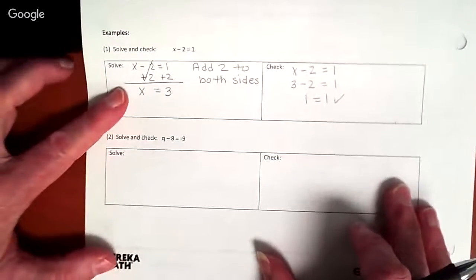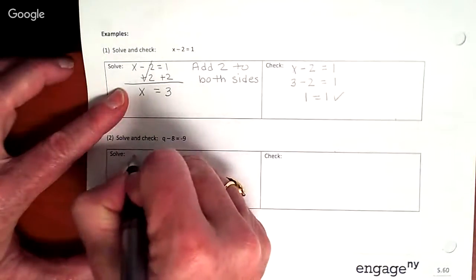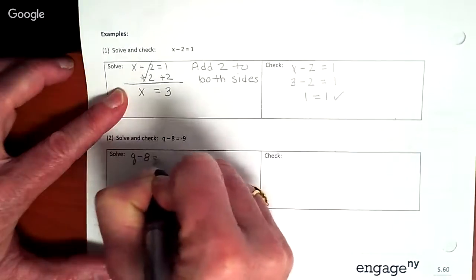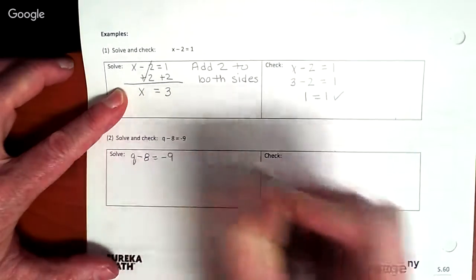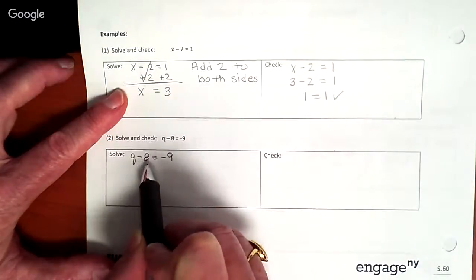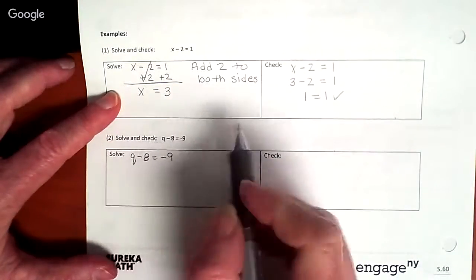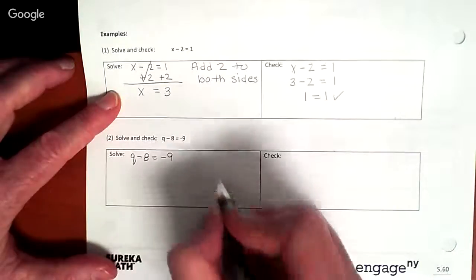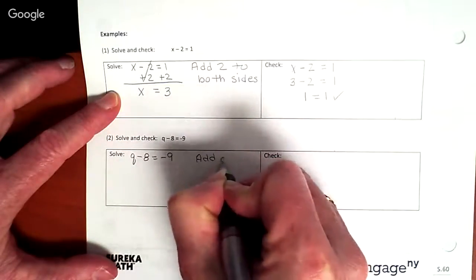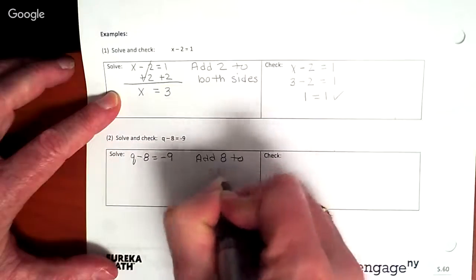Our next example, we have q minus 8 equals negative 9. So in order to solve this, we are subtracting 8, or a minus 8. So in order to solve this, we are going to add 8 to both sides.